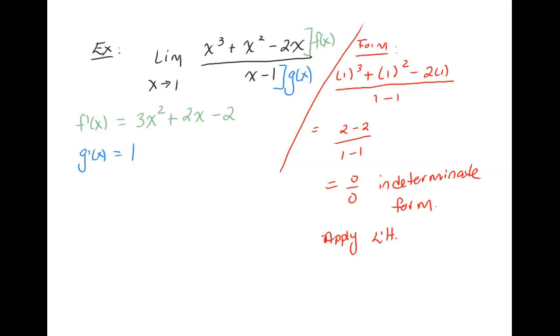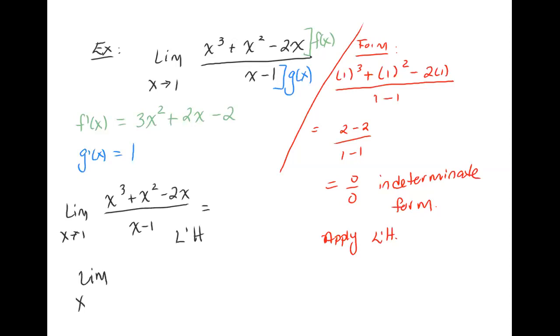Okay, so now I know that the limit as x approaches 1 of x cubed plus x squared minus 2x divided by x minus 1 is equal to, by L'Hopital's rule, the limit as x approaches 1 of f prime, which happens to be 3x squared plus 2x minus 2, divided by G prime, which I know is 1. I can simplify that a little bit.